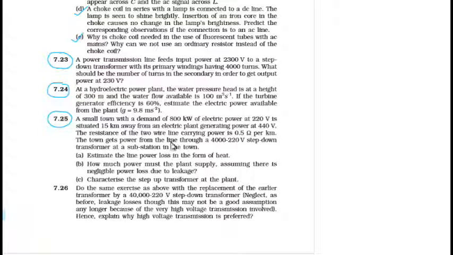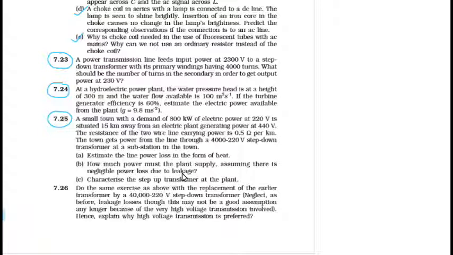The town gets power from the line through a 4000-220 volt step down transformer at a substation in the town. A. Estimate the line power loss in the form of heat. B. How much power must the plant supply, assuming there is negligible power loss due to leakage.